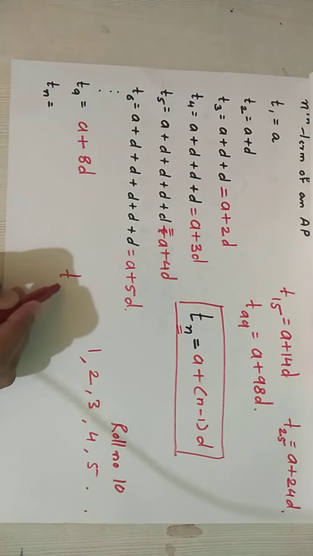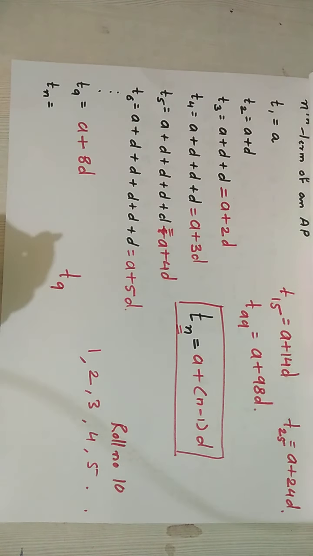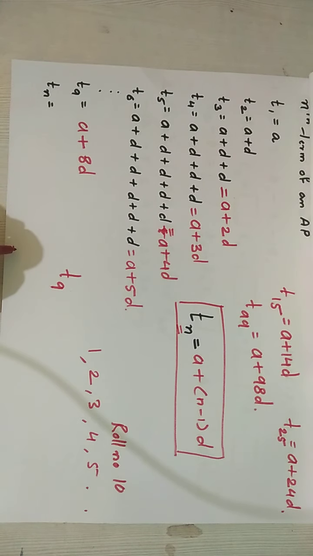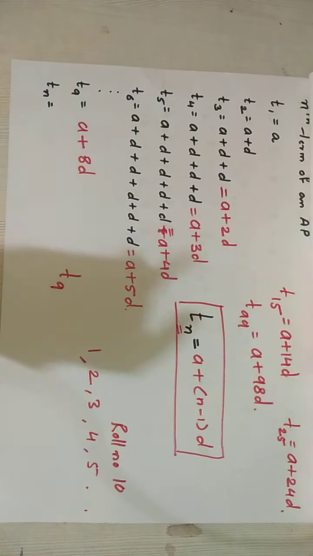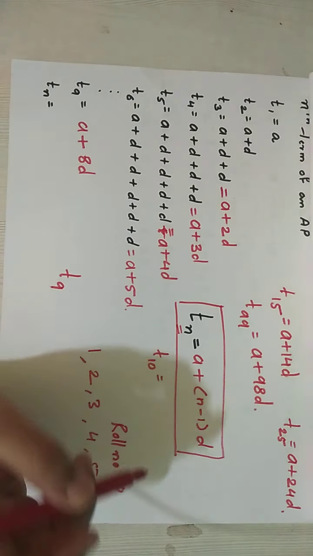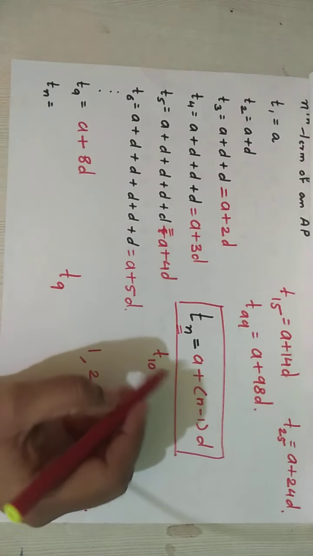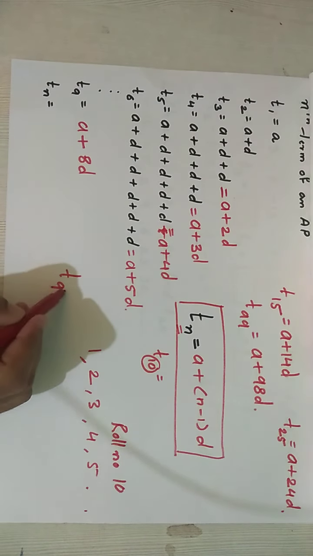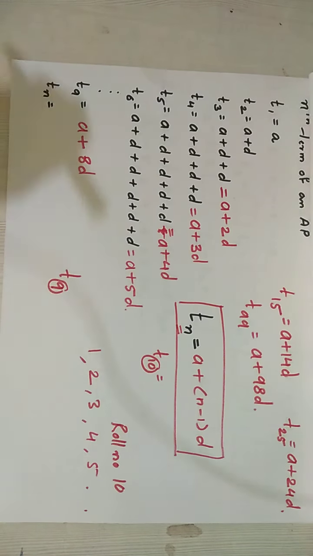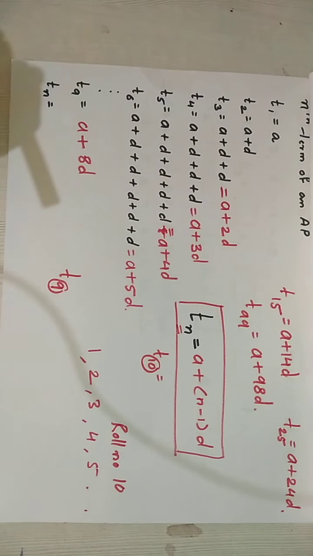So if you want to know who's standing on the 9th position, T9 will be the number standing on the 9th position. If you want to know who's standing on the 10th position, then T10 will be the number standing on the 10th position. So these numbers which are written over here are actually the position numbers of the terms in the arithmetic progression.